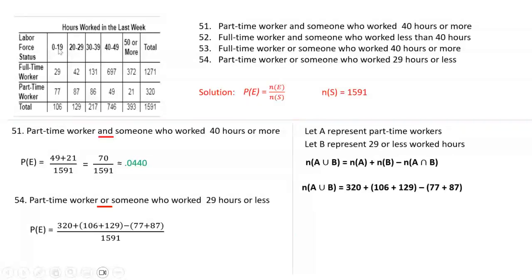And then where they intersect with 20 hours or less will be these two numbers here, which is 77 and 87. That's why, guys, it's better to use this formula here for a better understanding. So this will give us 391 over the 5091, which rounds off to 0.2458.